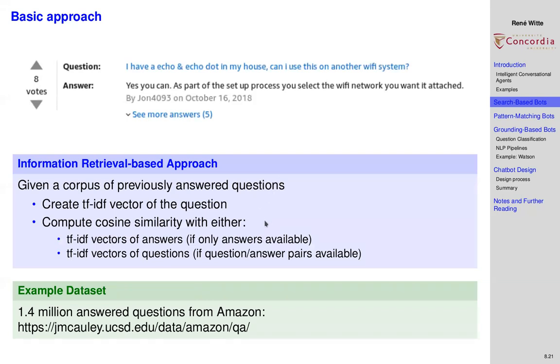Essentially, there are two variations. If you have a database of only the answers, then you would do a comparison of the question with the answer, where you assume that the answer has somewhat the information embedded that was asked in the question. Or in the better case, when you have both question and answers in a pair like here, then you do it like I just explained.